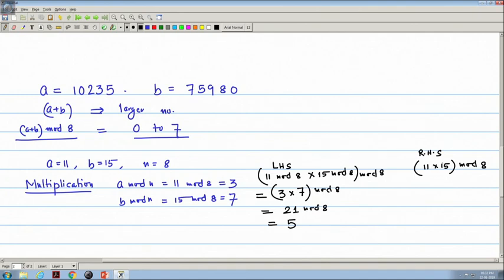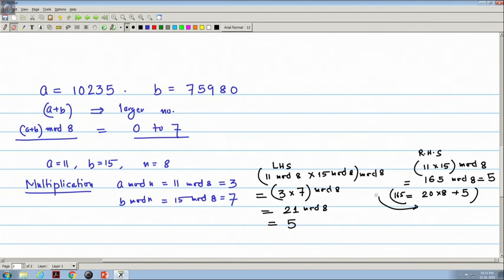So, this will be 165 modulo 8, and if I take the remainder, this will be 5 because it is 20 into 8 plus 5. So, I can write that 165 modulo 8 is equal to 5.